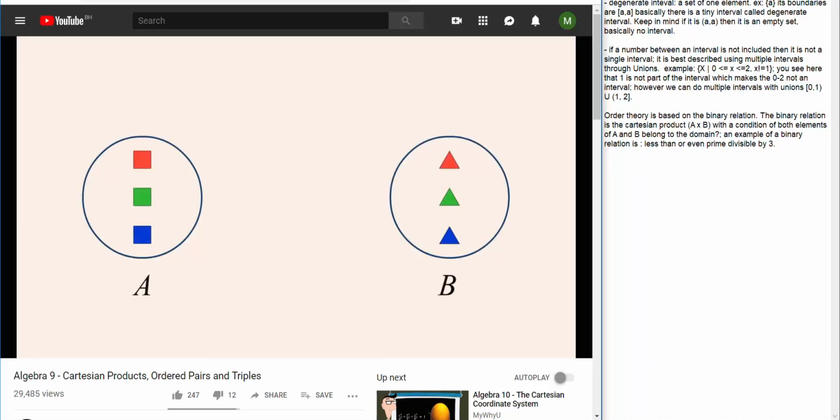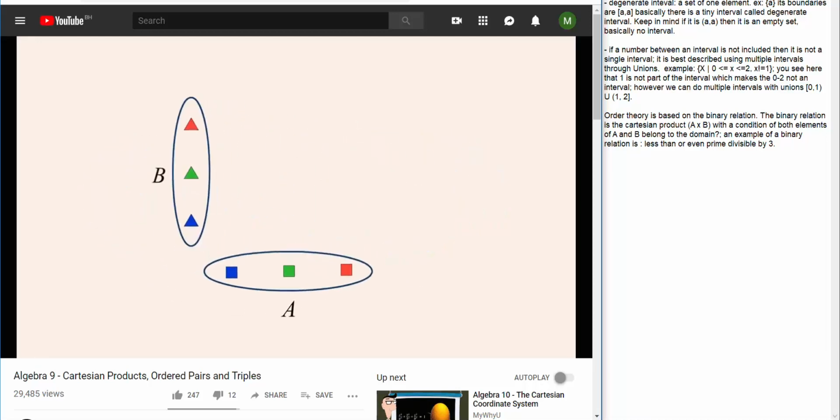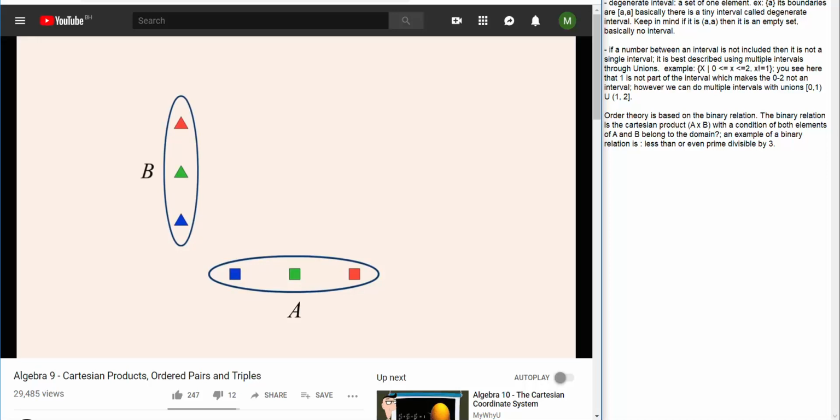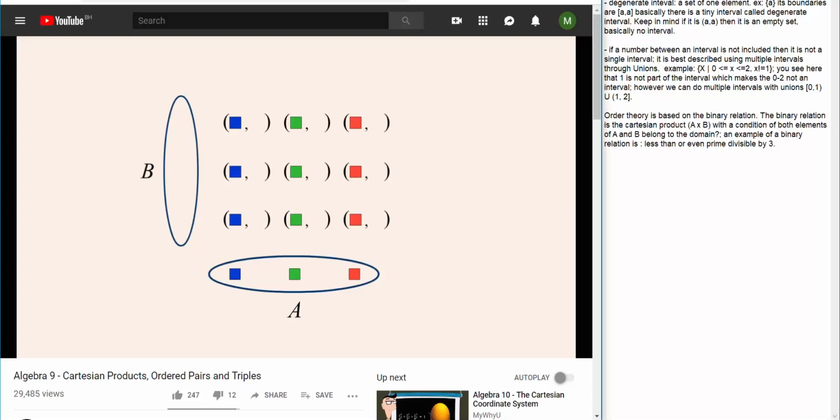To form the Cartesian product of 2 sets A and B, we create every possible ordered pair whose first element is from A and second element from B. Notice that each element of A is paired with every possible element of B. For example, the blue square from A forms ordered pairs with each of the triangles from B. The same is true for the green square and red square.